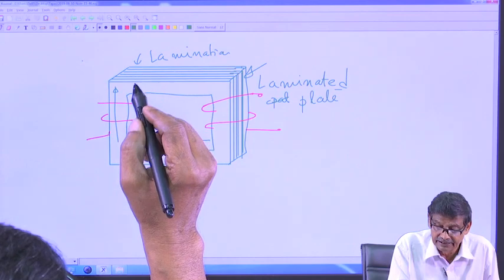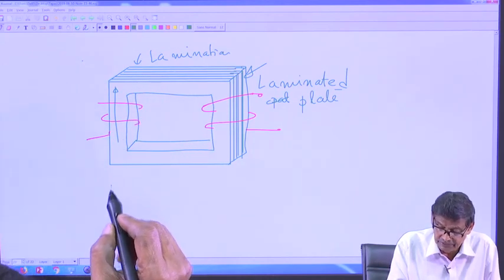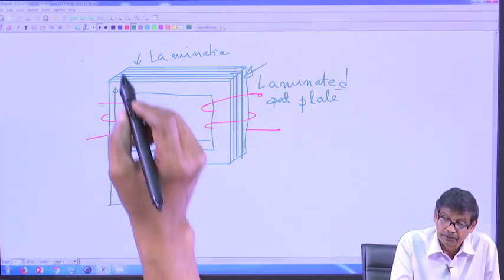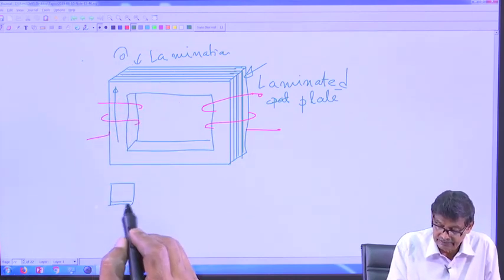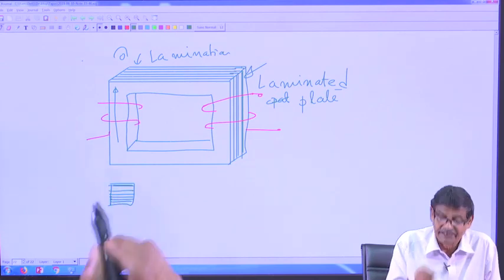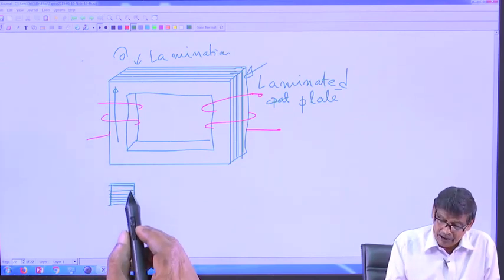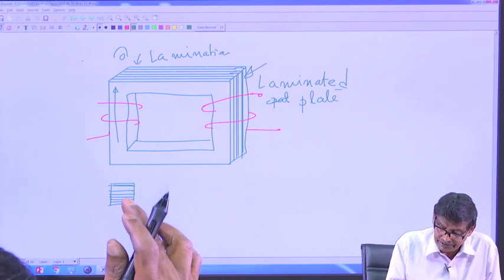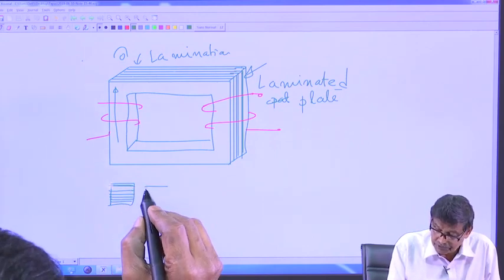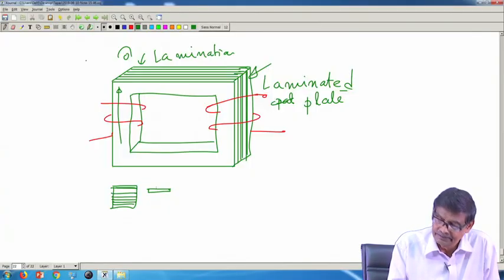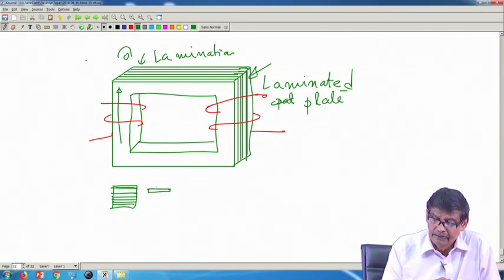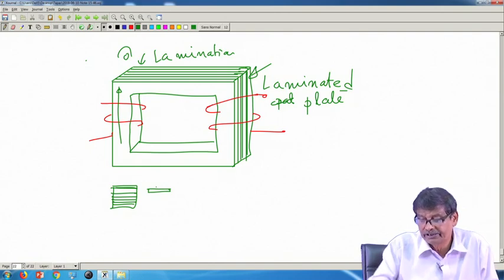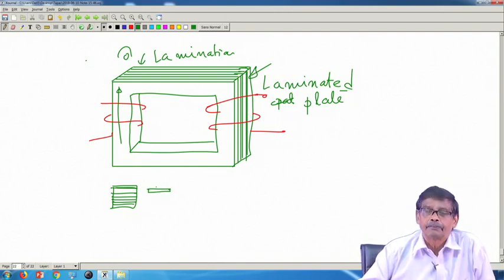The cross sectional area, if you look from the top, will be now like this, and your phi is coming like that. So, average flux density is phi max divided by the overall area, because each plate contributes to the area. Anyway, so far so good. So, this is called eddy current loss.